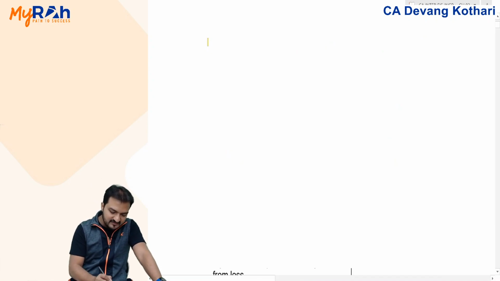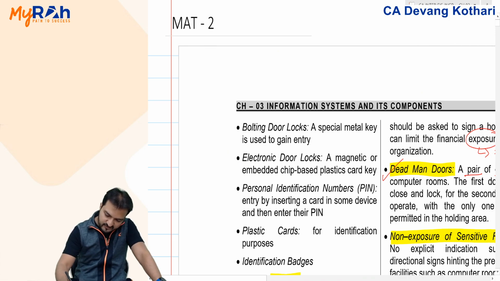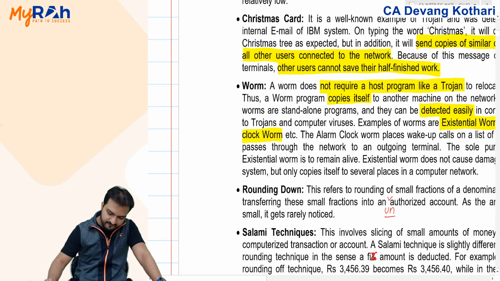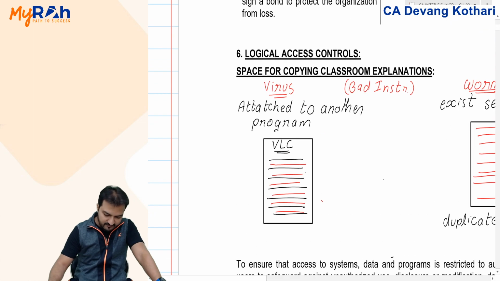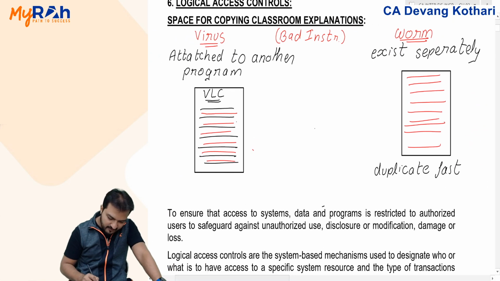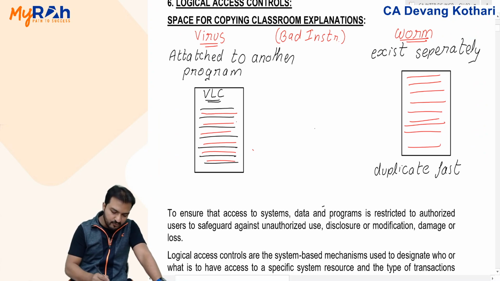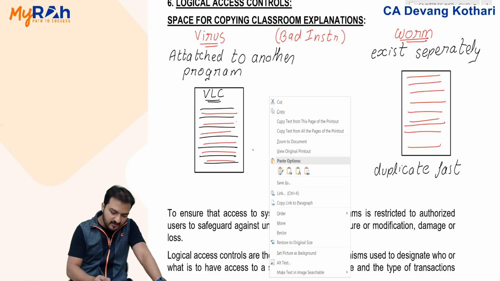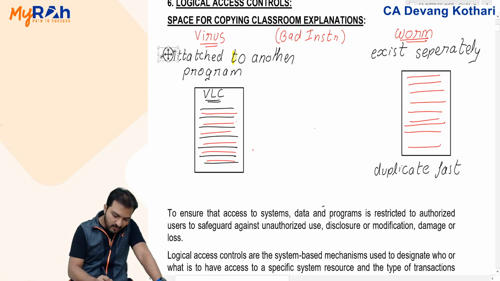The difference is that a virus is a program which attaches itself. Virus is a program, yes, but a virus program does not exist separately. Rather, a virus gets attached to another legitimate program.